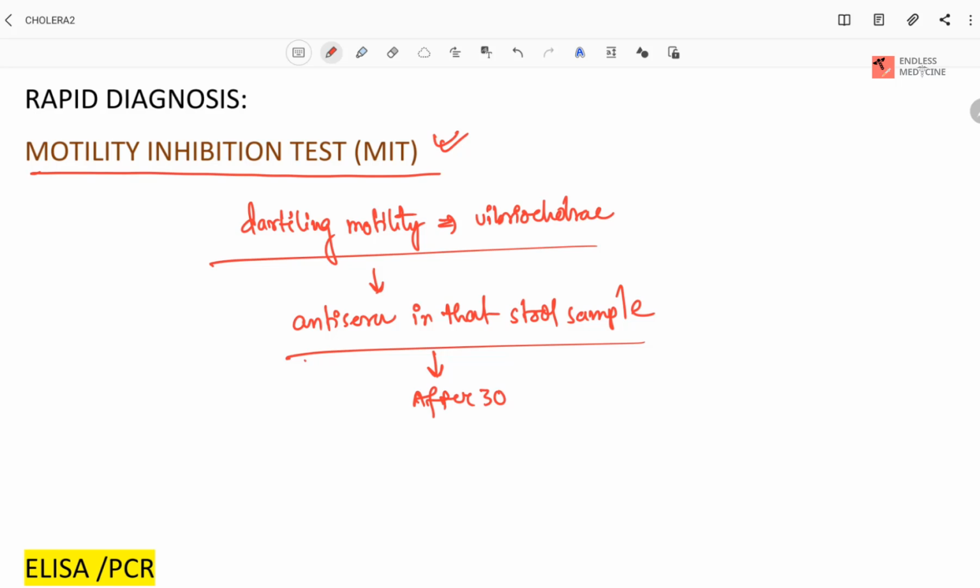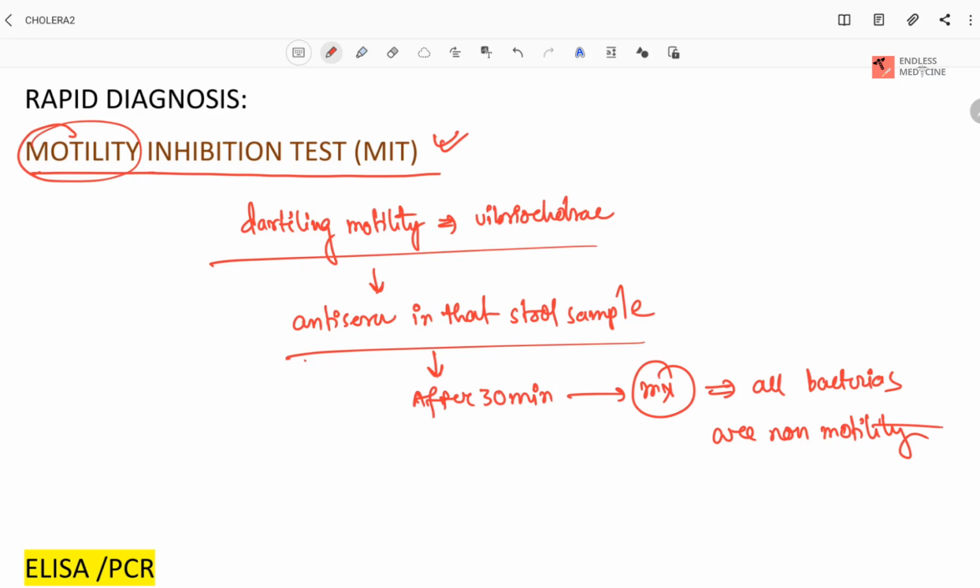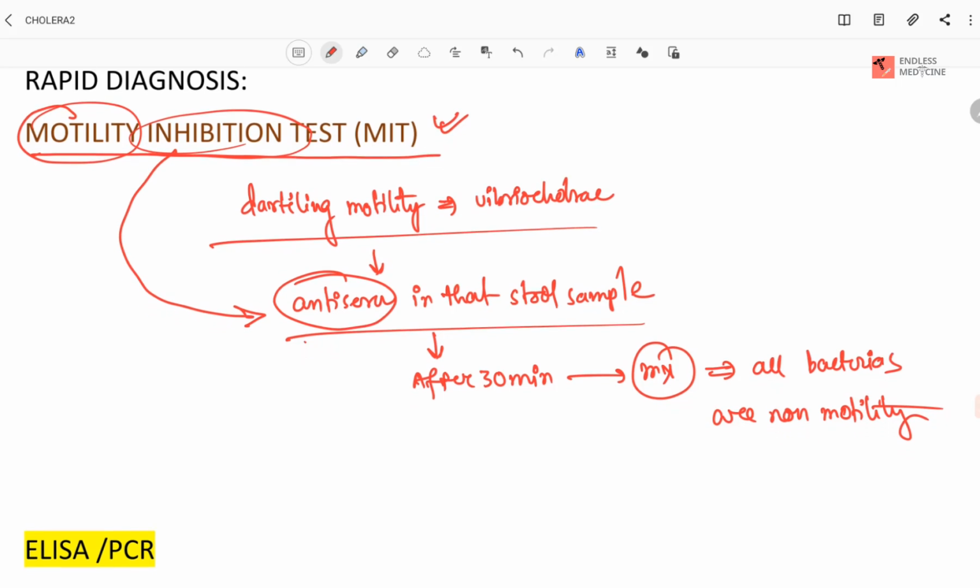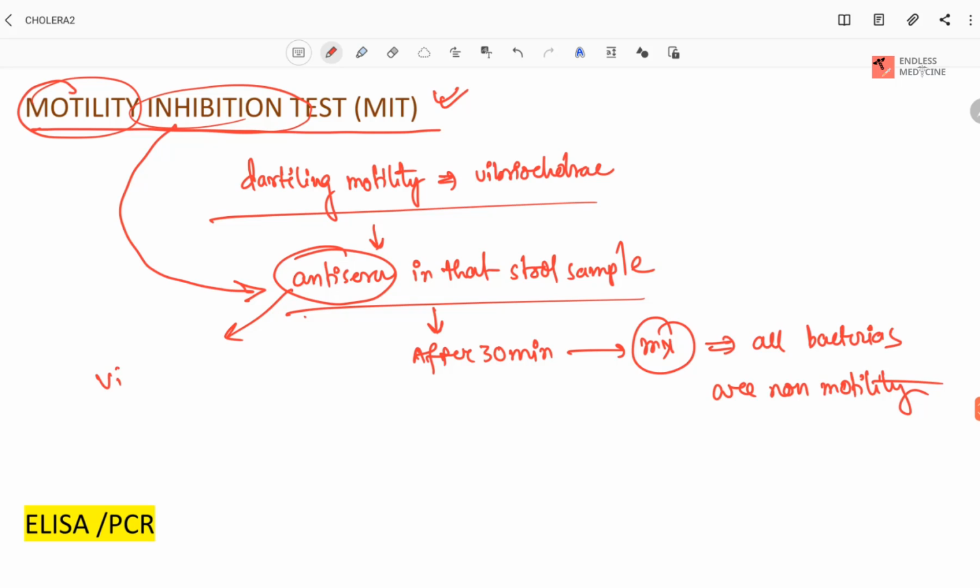After 30 minutes, if we observe under the microscope, we will find that all bacteria are now non-motile. That is, motility of the bacteria is inhibited because of the application of antiserum. So it confirms that it is Vibrio cholerae.